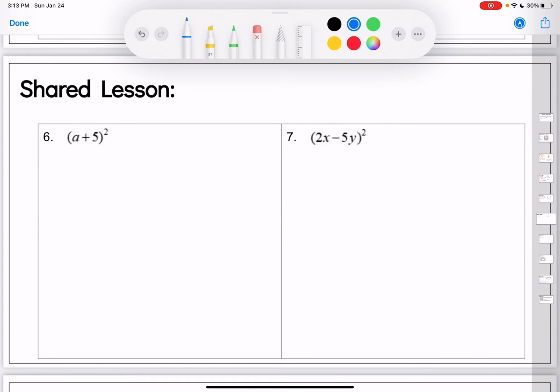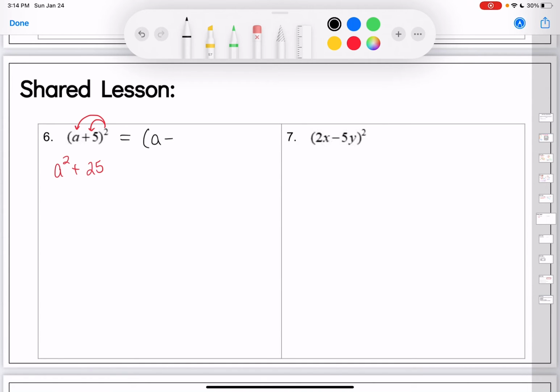A plus 5 squared. Now, the first time we see this, it's very common for people to want to distribute and get a squared plus 25. But you need to have a warning on that one. What does a plus 5 squared really mean?